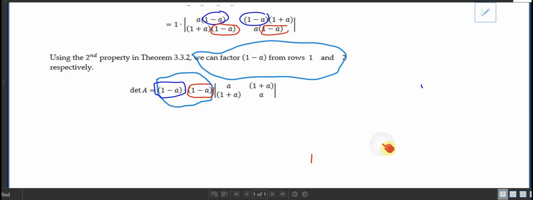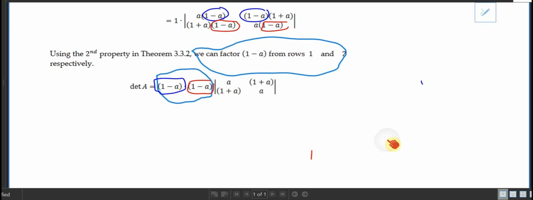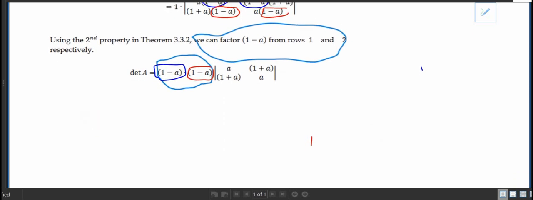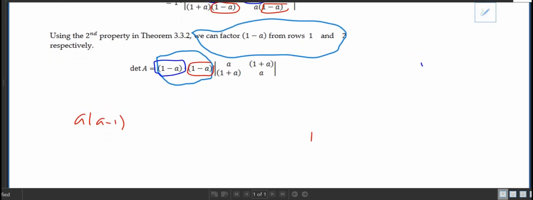this one, okay? If I were to do it the long way, and we had a times a minus 1, just recopying here.